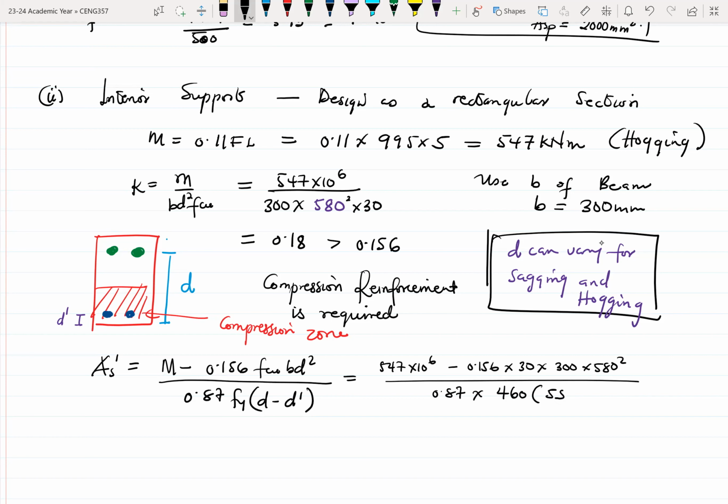Our D is 580. Let's say that let D prime be equal to 50 millimeters. So 50. Now, if you do all of this, it means that your AS prime will be equal to 352 millimeter squared. Okay.